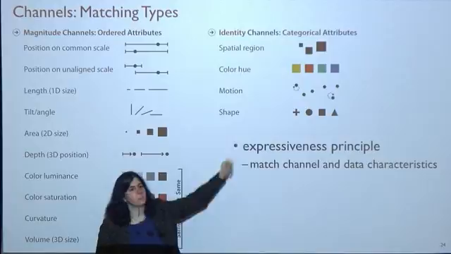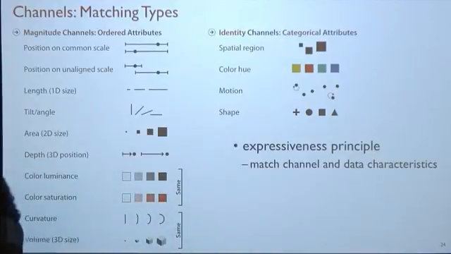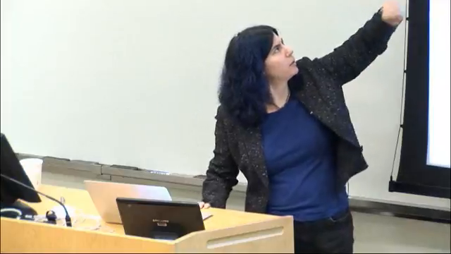Because the flip side is there are also some channels that don't communicate magnitudes. I'm calling these the identity channels. They're saying this is something or it's not something. And these are a good match for categorical attributes. What region is it in? What color is it? What direction is it moving in? What's the shape? As opposed to how much? How long is it? How saturated is it? How dark is it?